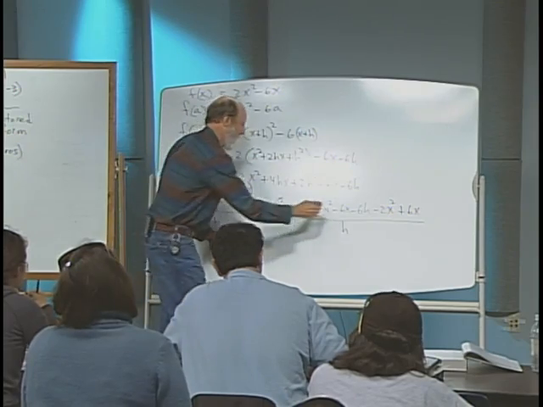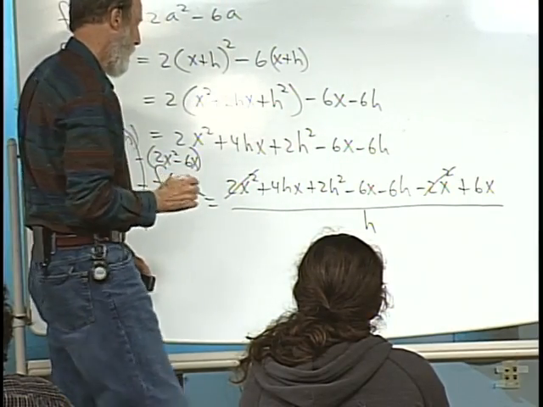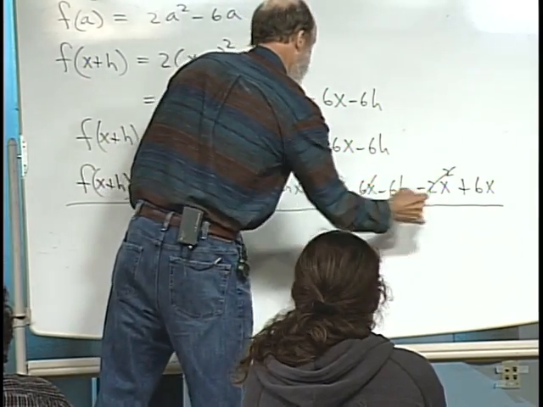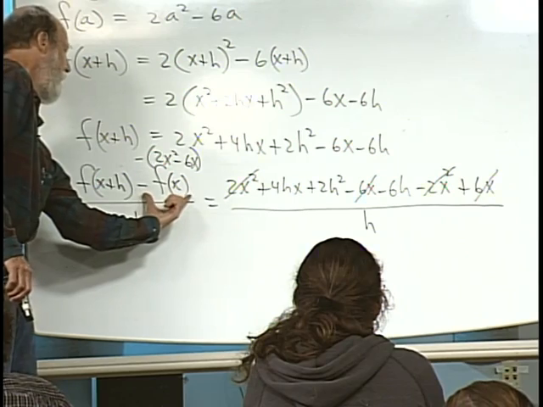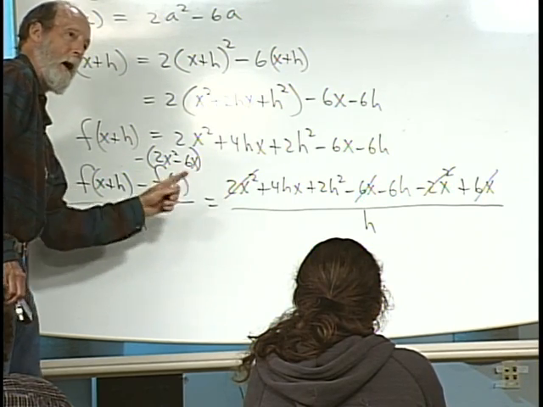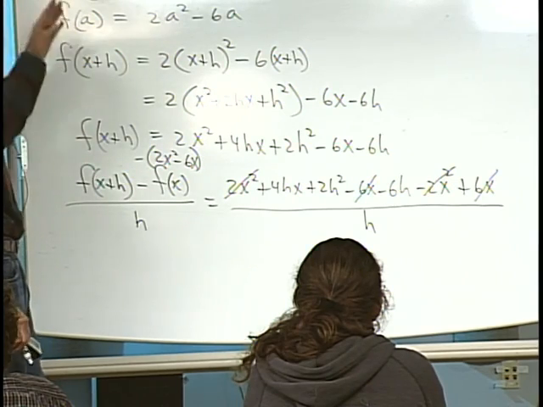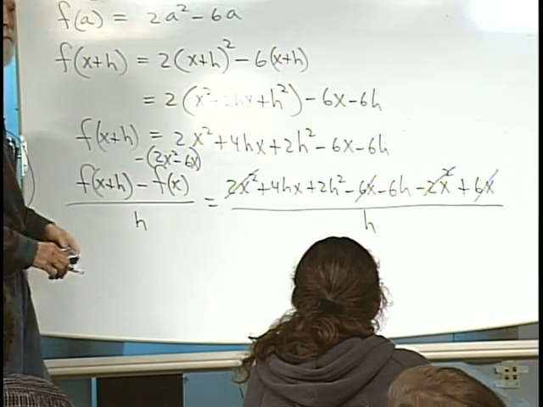The 2x squared disappears, and the negative 6x and positive 6x will go away. This portion of the numerator will always disappear if you've done your algebra correctly, no matter what the original function happened to have been for this special thing.